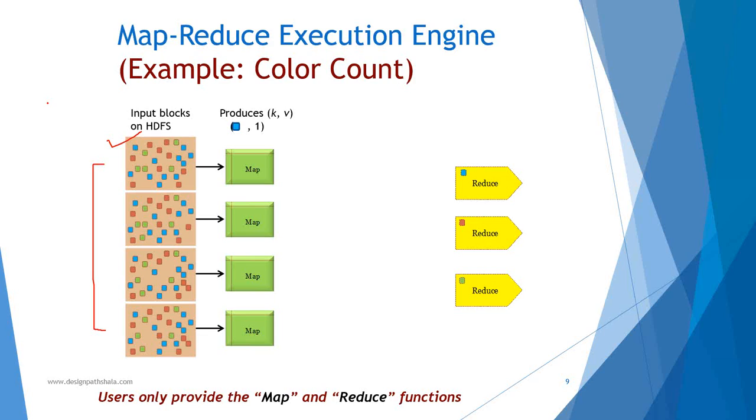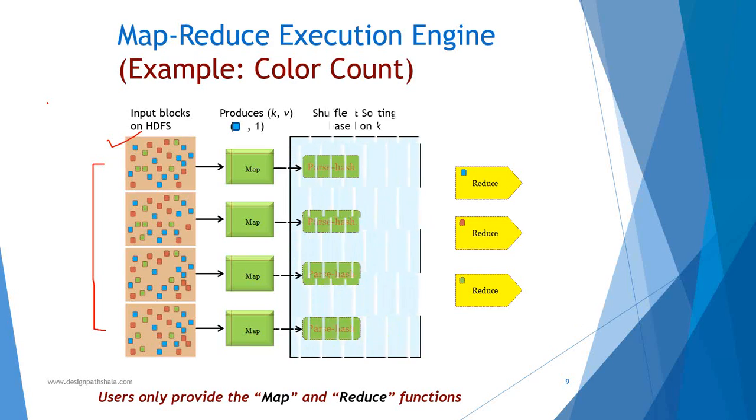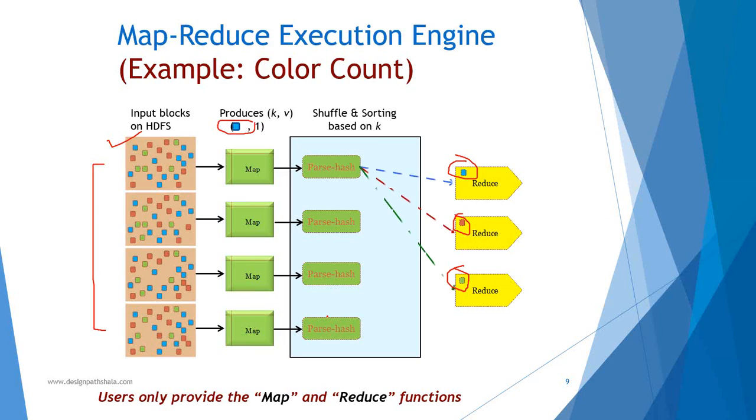So basically the keys produced from the map side go to some reducer. But in between, in the magical sort and shuffle phase, similar keys are guaranteed to reach the same reducer. So all the blue color keys produced from the map phase will definitely reach the blue color reducer, and the same happens for red and green. This happens with the help of this in-between sort and shuffle phase. I'll come to what hashing is.